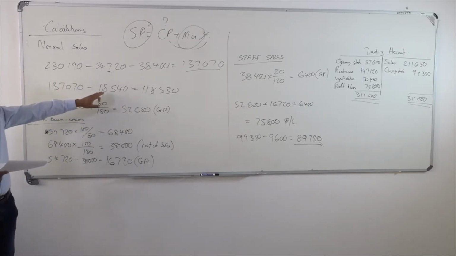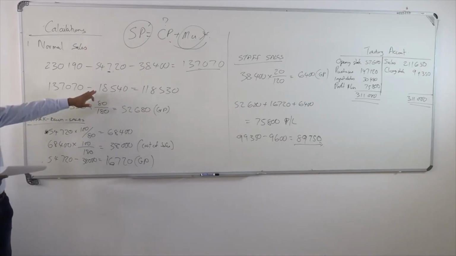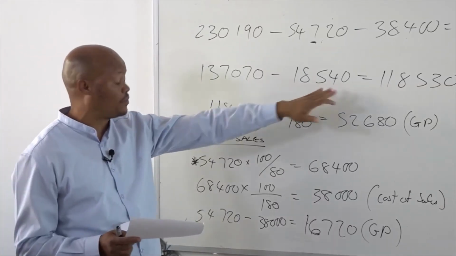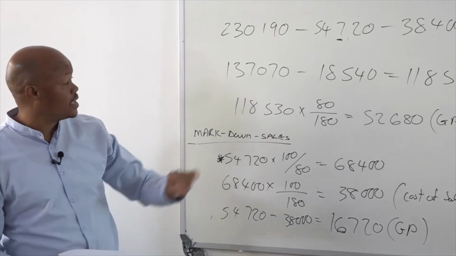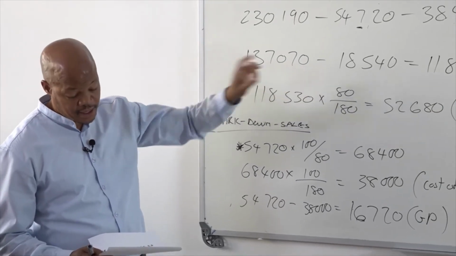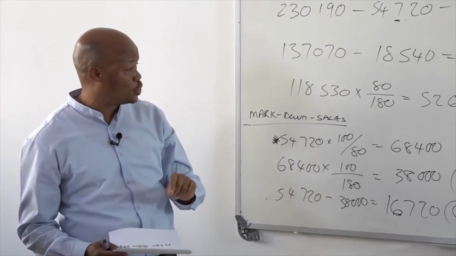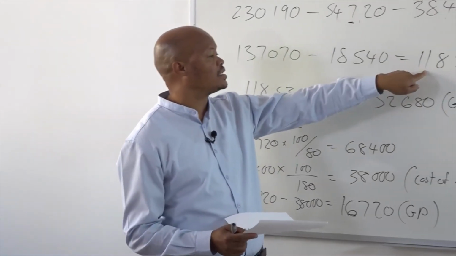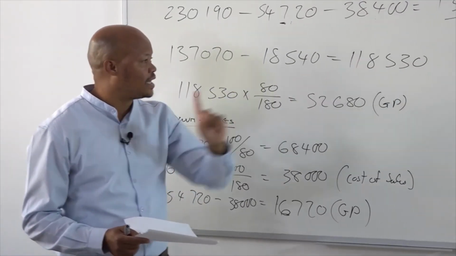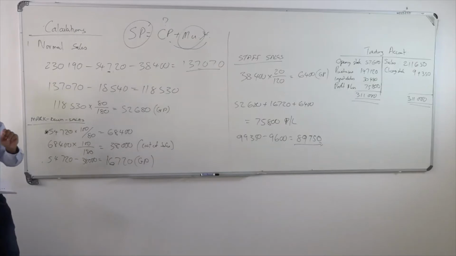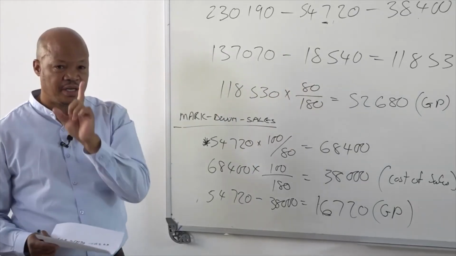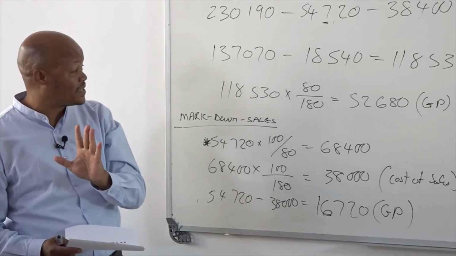Now, as per instruction, we subtracted the 18,540, which is the sales returns, from our normal sales as per instruction number 2. We get now normal sales of 118,530. We calculate the GP. We have been told here it's 80%.